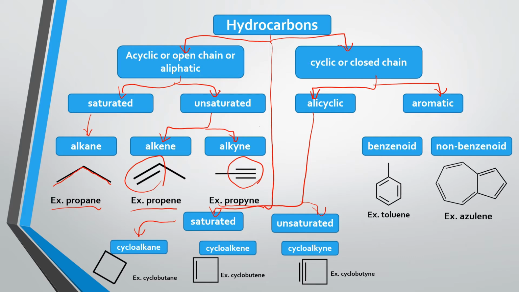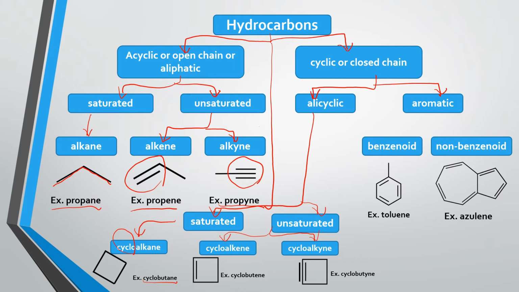Ibig sabihin, hydrocarbon siya, single bond lang between carbon atoms, pero cyclic siya, closed chain siya. So, kaya idinagdag natin yung prefix na cyclo. So, example dito ay cyclobutane. May unsaturated din na cyclic. We have cycloalkene, cycloalkyne.